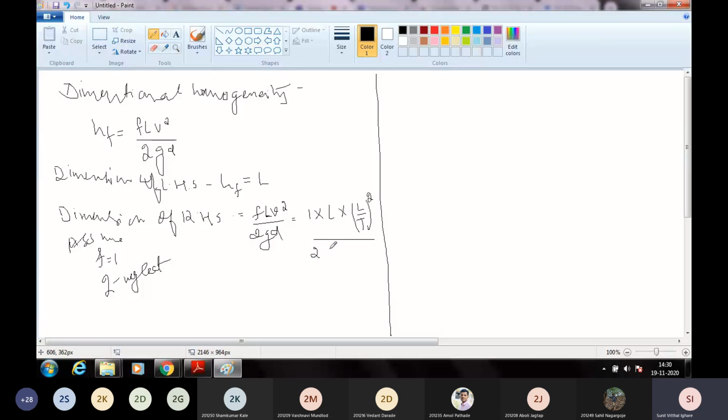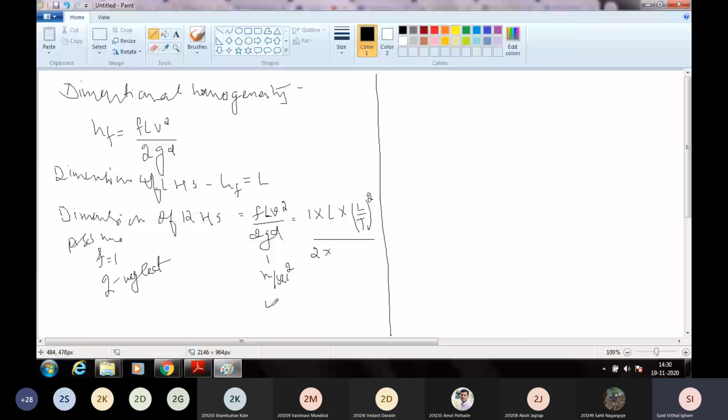Okay, multiplied by g. g means acceleration due to gravity. Now acceleration due to gravity, if you see the unit, is meter per second square. Okay, so can I write meter as L divided by second square as T raised to 2?